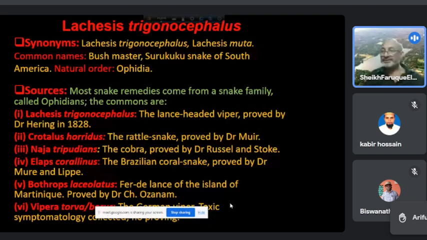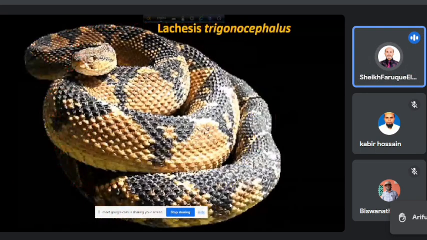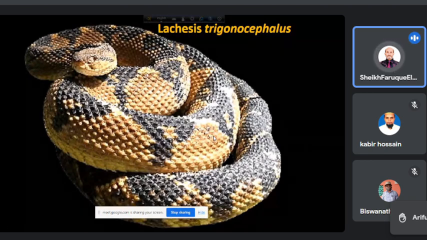So these 6 drugs, I show you the photos, then we'll stop the class today. This is Lachesis trigonocephalus. This is 12 feet long, and they say its body is like the big thigh of a big man. This is so big.